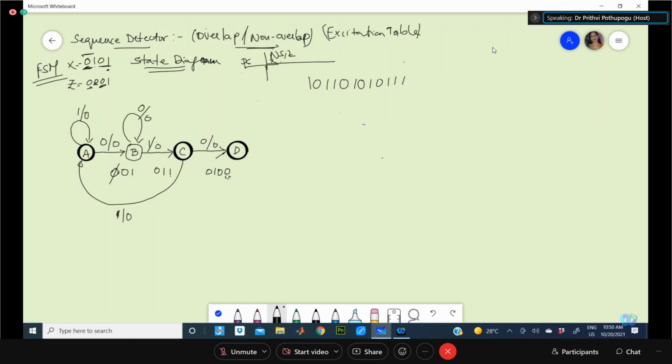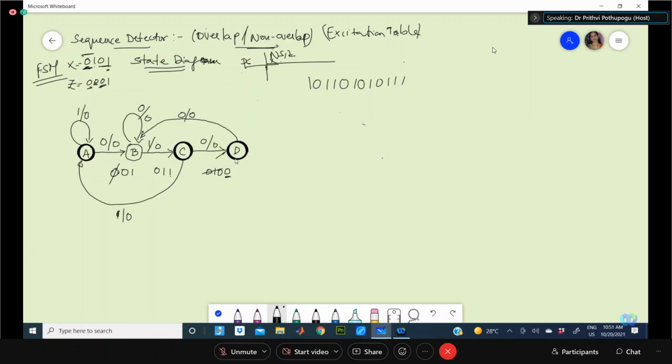I can take this 0 as the first bit. So I should take this back into state B if this is 0. That means I discard the first 3 bits, and the last bit of 0 will be considered as the first bit of the next coming sequence.